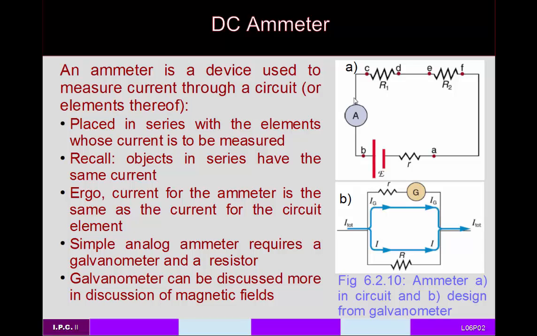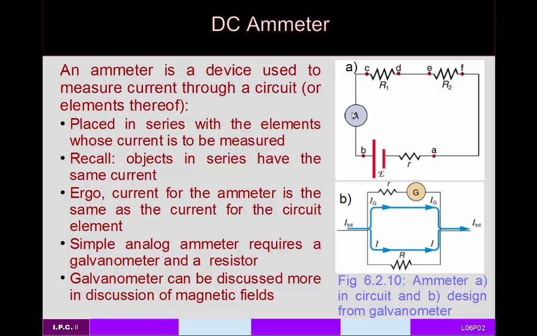In this case, you want the smallest possible internal resistance of the ammeter because you do not want to lower the current or have much of a voltage drop across this element. You don't want to affect the current through these elements any more than you have to by taking a measurement.